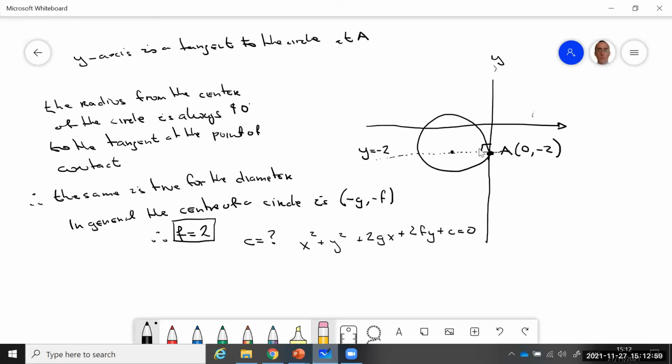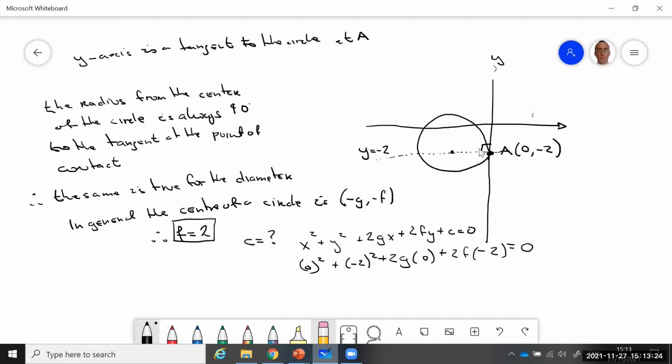So what we do now is we let x equals 0 and y equals -2. Okay, and we can just sub in that. Okay, and 2fy. And we can confidently let that equal 0 because we know that A is on the circle and it must satisfy the equation of the circle.